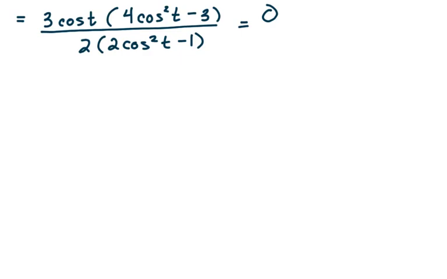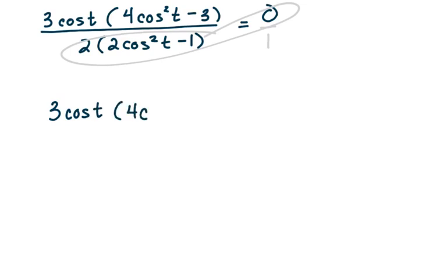So solving this equal to 0, my derivative here, notice that 0 is over an invisible 1. So cross multiplying, we would get the numerator equal, and if I multiply these, I end up with 0. So I have 3 cosine of t minus 4 cosine squared of t minus 3 is equal to 0.